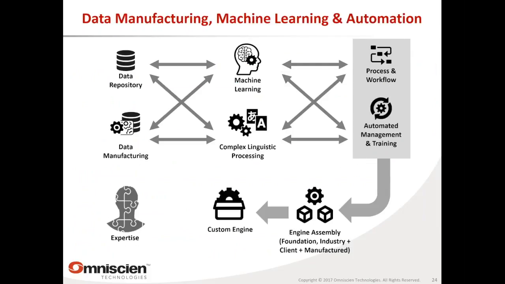with data manufacturing. With Language Studio, we have a very large data repository, many, many terabytes of data that we've collected over around 10 years. We also have data manufacturing capabilities that combine machine learning and complex linguistic processing to analyze data and create training data for you. That makes a real difference.